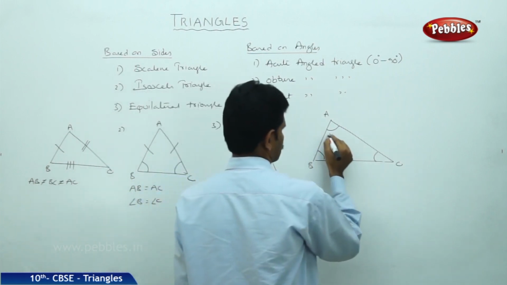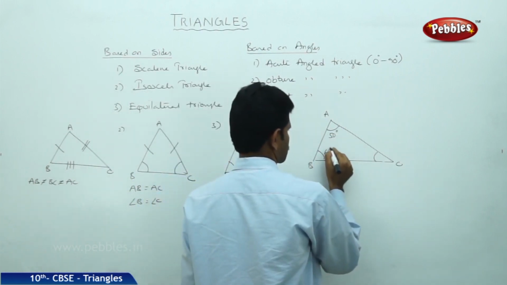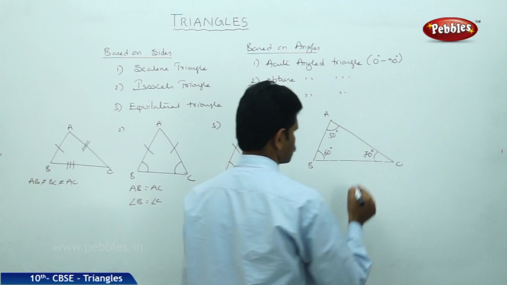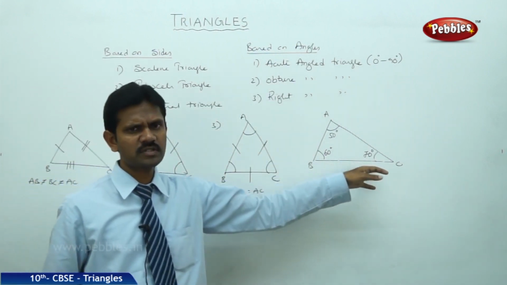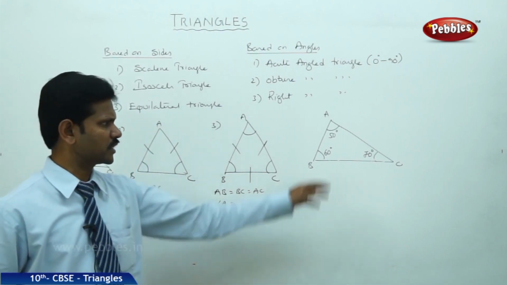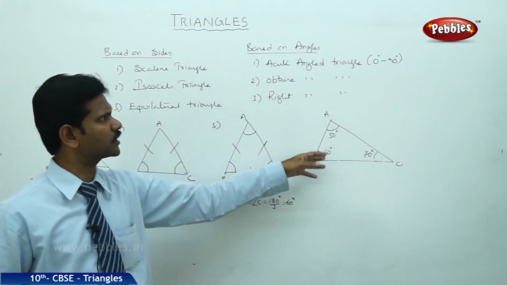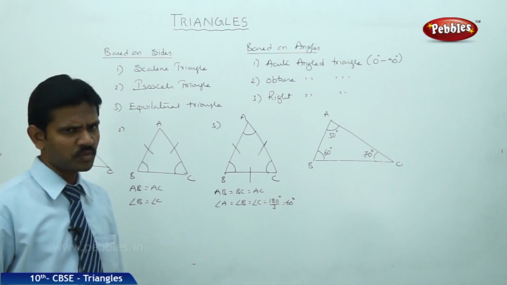That is 50 degrees, 60 degrees, 70 degrees. 50 plus 60, that is 110, 110 plus 70, 180 degrees. A triangle in which all the three angles are acute is said to be an acute angle triangle.